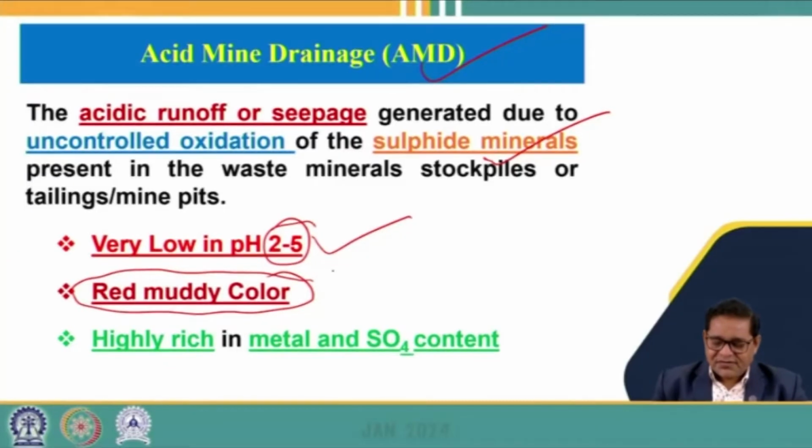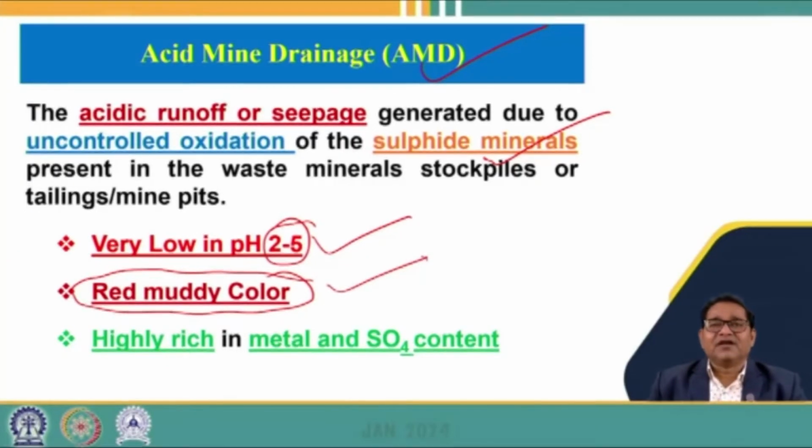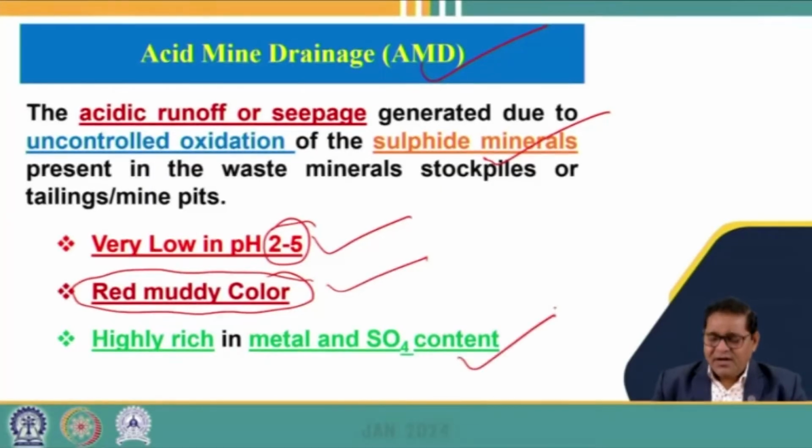And because the acid mine drainage is acidic in nature, it dissolves a lot of metals which are present in the coal reserve and the waste piles or the tailings or the deposits. So that metal content gets dissolved into the water, and thus the acid mine drainage is highly rich in metal and sulfate content.